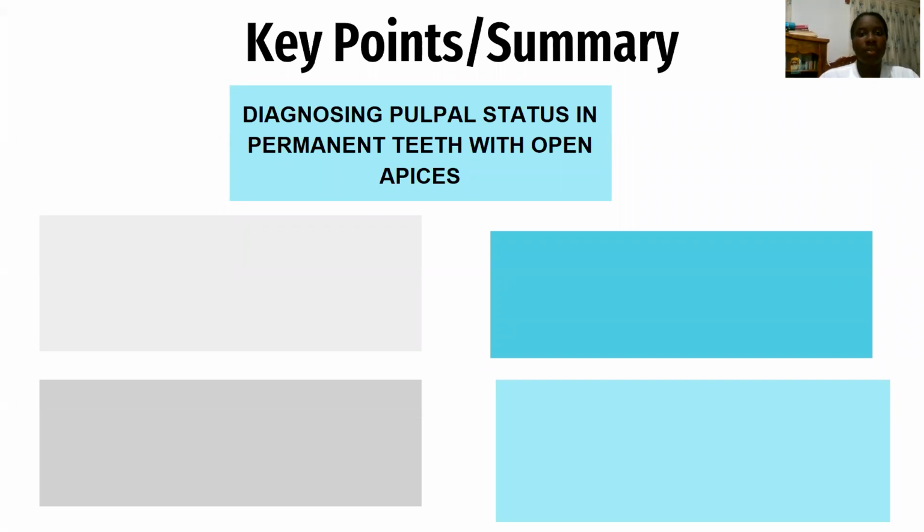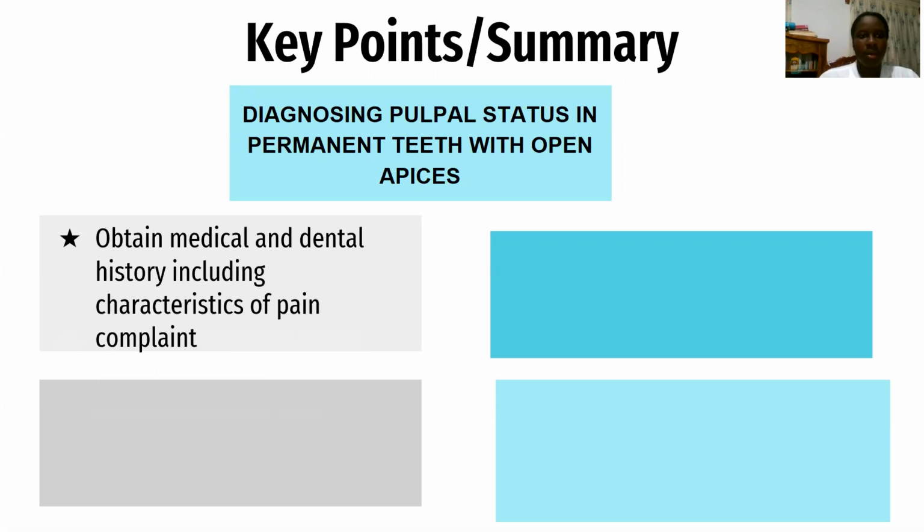In diagnosing pulpal status in immature permanent teeth, one would obtain a medical and dental history, including characteristics of the pain complaint. And I must say that diagnosing pulpal status in immature permanent teeth is quite similar to diagnosing pulpal status in primary teeth.